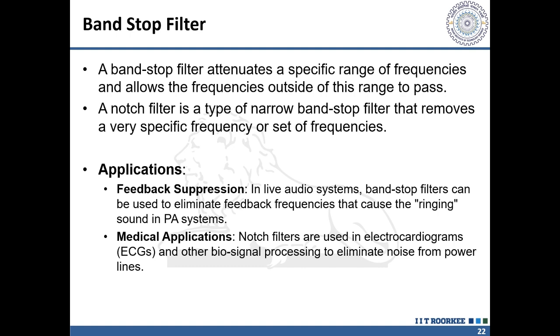So for that, we have the band stop filter. We can cut off the frequencies from this to this, and it is also used in medical applications. A notch filter is a narrow band stop filter that removes a very specific frequency or set of frequencies. It has medical applications and is used in ECGs and other biosignal processing to eliminate noise from power lines.